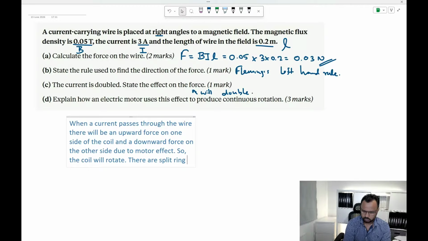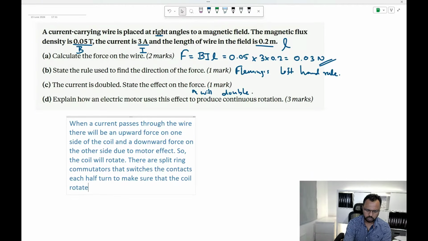Split ring commutators that switch the contacts each half turn to make sure that the coil rotates continually in the same direction. Tara, is that okay now?